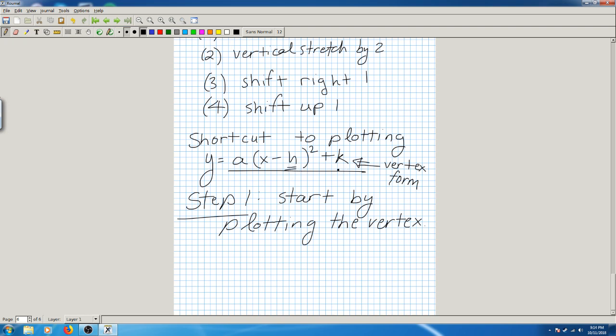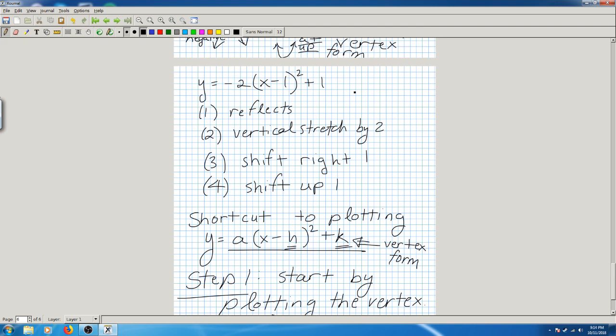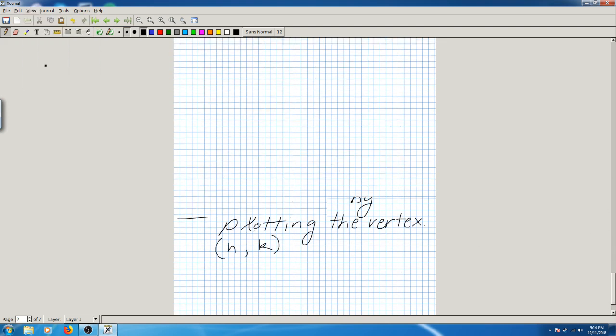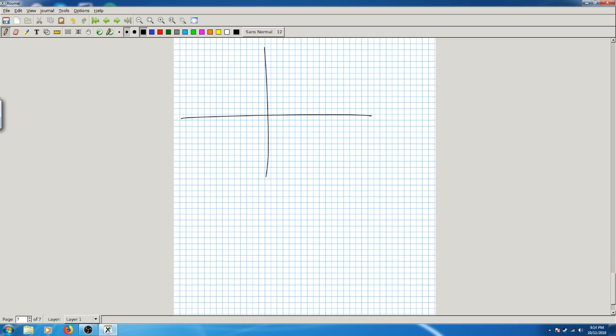It's going to be h, comma, k, which we mentioned previously. So in this example, the vertex is actually 1, comma, 1. So we start by plotting 1, comma, 1. And that's going to be a vertex.